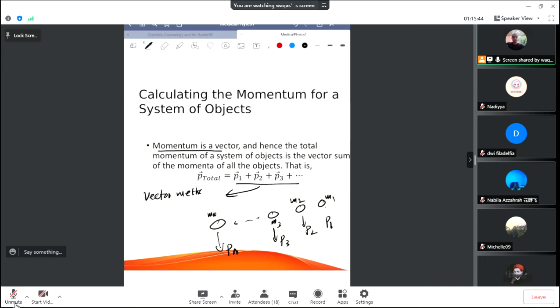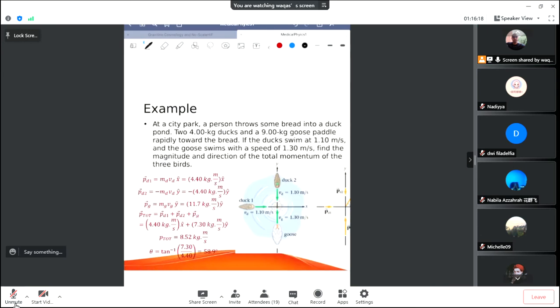If we have p1, this is p2, and this is, for example, p3, then this is p total. This is the vector method to add all the momenta. This is also one example. You can do it as homework.